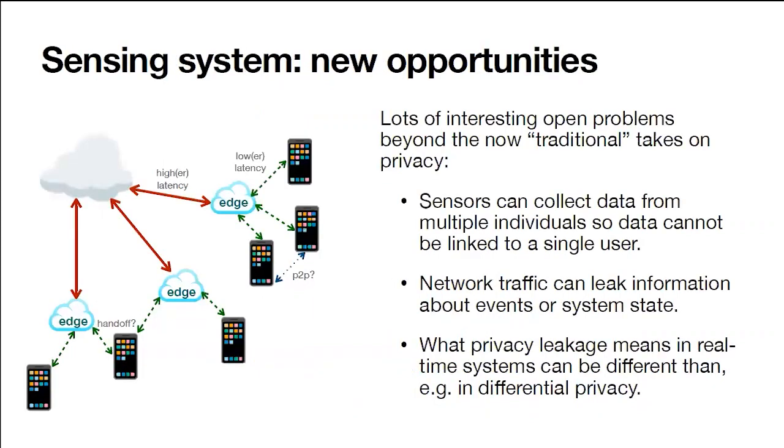So I guess the last point is that there are a lot of interesting open problems raised by communication systems and by timing and stuff that happens in the network that are very different from, at least what I think of as, traditional takes on privacy for machine learning. The first is that sensors in general and all sensing systems will collect data from multiple individuals. If you have a room occupancy sensor, it's detecting events related to multiple people in the room, not just a single individual.